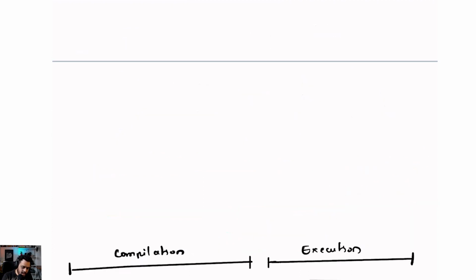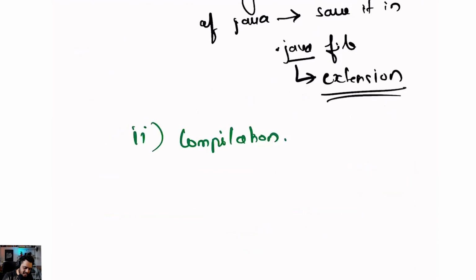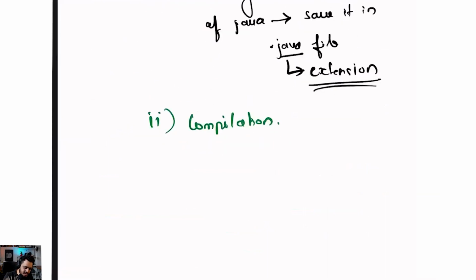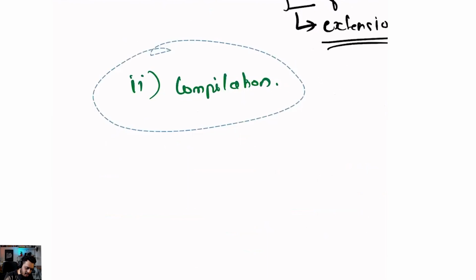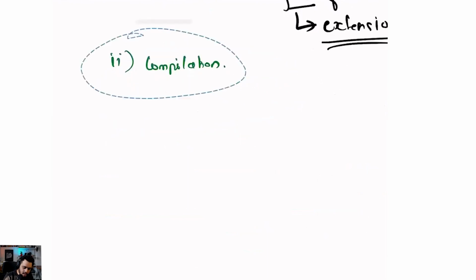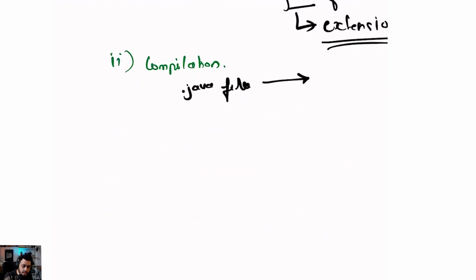So now tell me, what is this compilation phase? Let us make it a bit shorter. Compilation phase is where the .java file is converted to a .class file using javac.